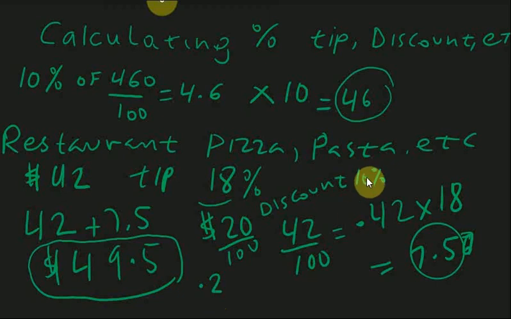What is next? Times 10. This is the $2. How much are you gonna pay? 20 minus 2, 18. That's the final answer, right? You will pay 18. So this is how you calculate percentage for 7th grade.